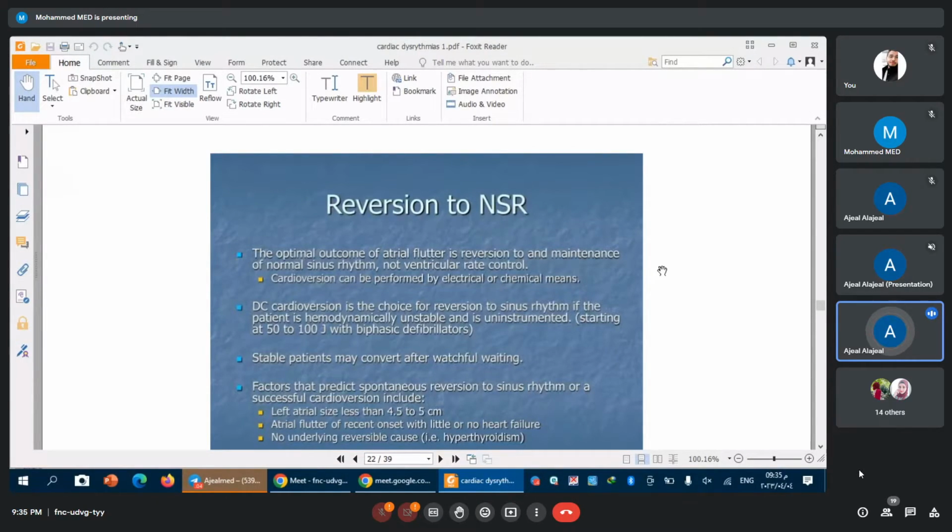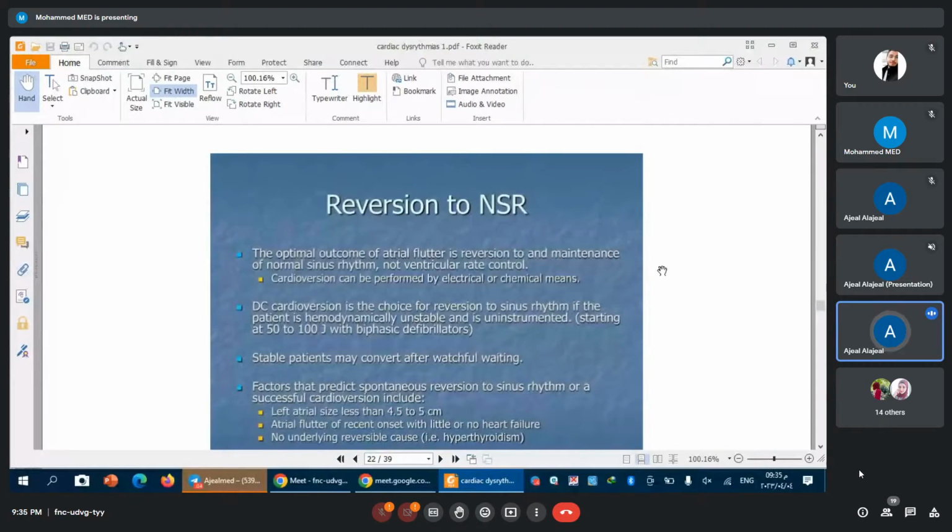Reversion to normal sinus rhythm can be done in many ways. It can be done by cardioversion, and atrial flutter is usually easier to respond than atrial fibrillation.